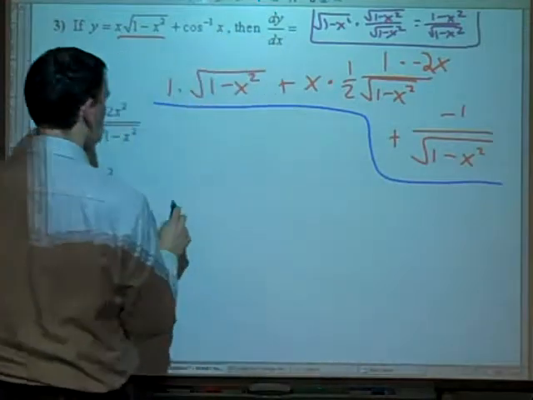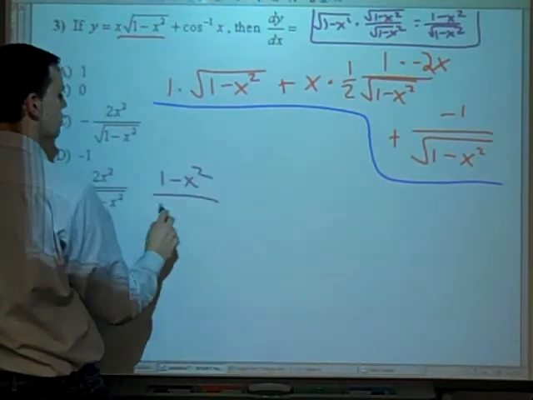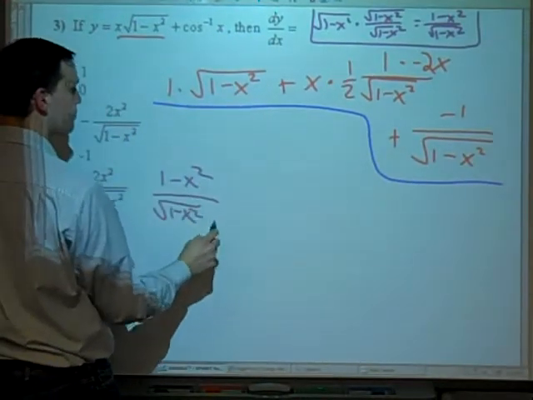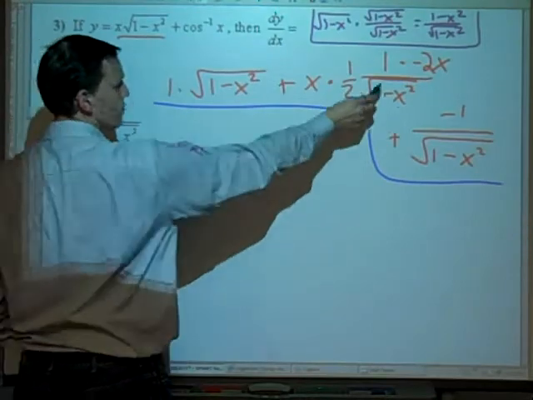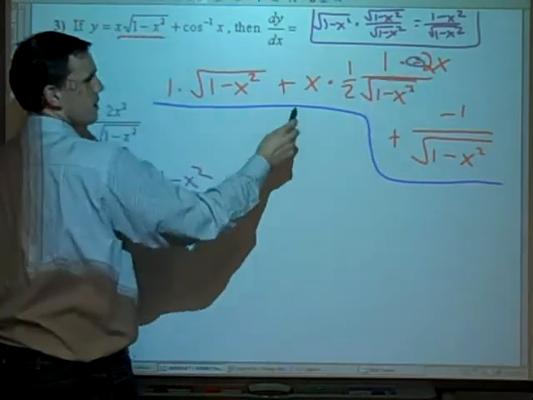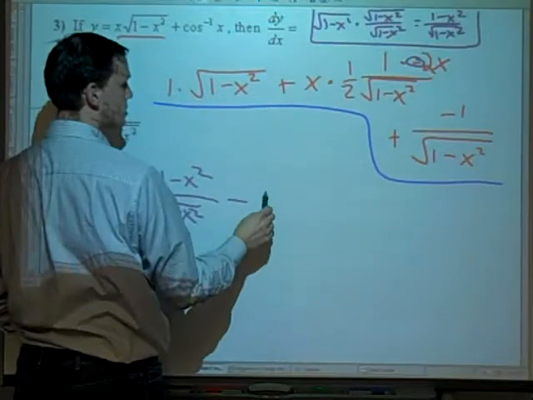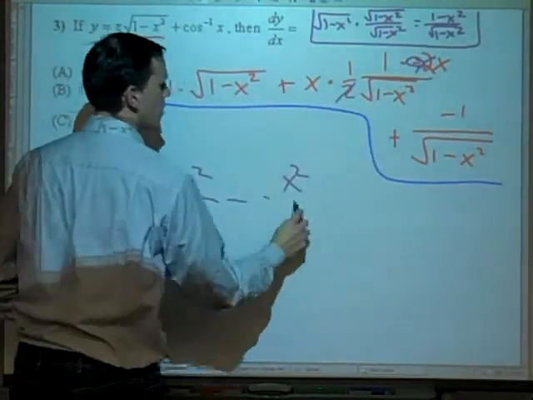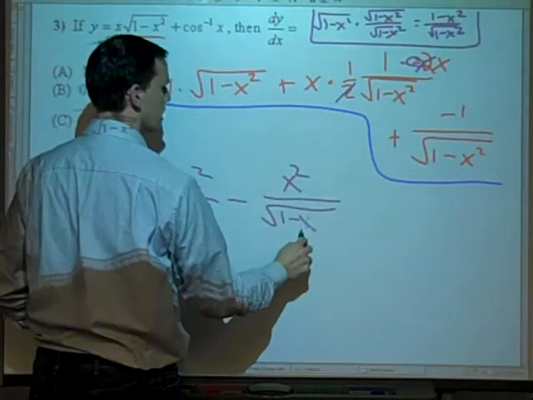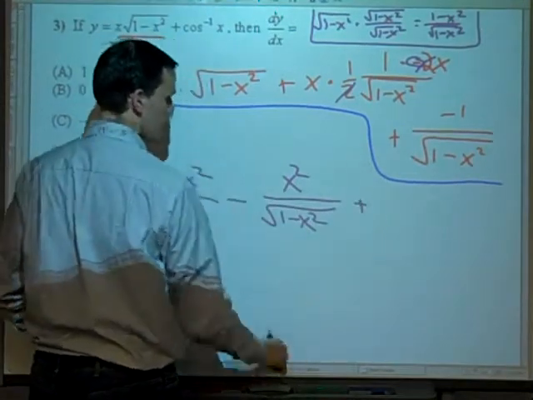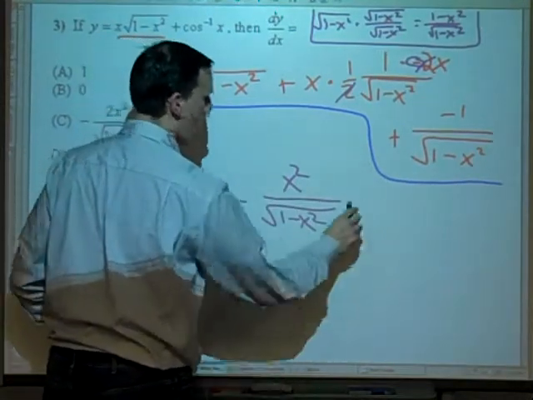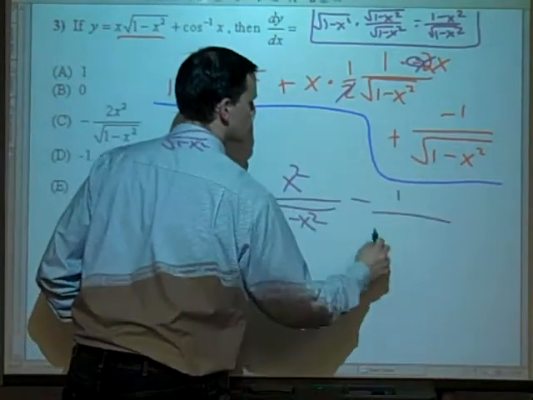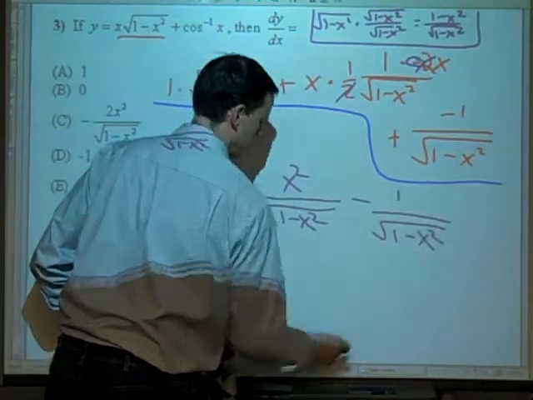So I get 1 minus x squared over the square root of 1 minus x squared, minus, from my negative sign, 2 times x gives me x squared, but the 2's actually cancel, all over the square root of 1 minus x squared, plus, and by plus I mean minus, from that minus 1 over the square root of 1 minus x squared.